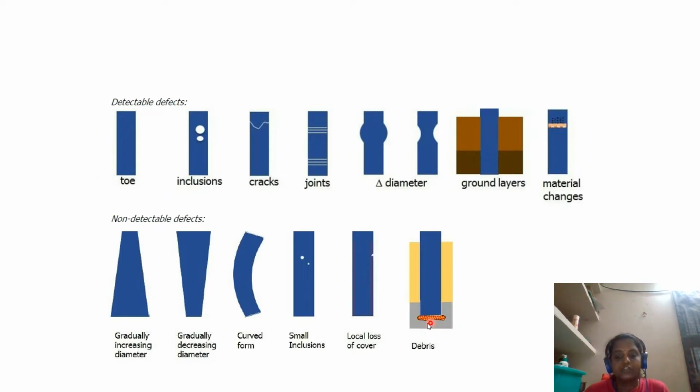And if debris is present at the bottom of the borehole, since we need a borehole to construct our pile, and it is not properly cleaned, this will obviously affect the load carrying capacity of the pile, especially the end bearing capacity. These defects we will not be able to find out from our low strain test.